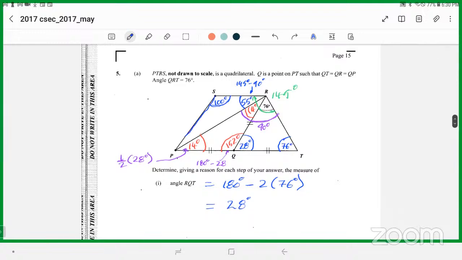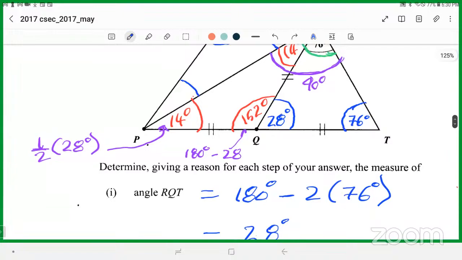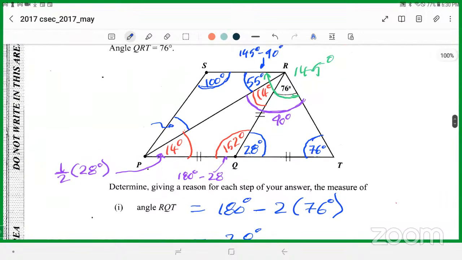All of this is SPT. So first, to get angle SPT, we need to find this angle here first. That angle becomes 180 minus 155. What is that? 180 degrees minus the sum of these two, which is 155, which is 25 degrees.